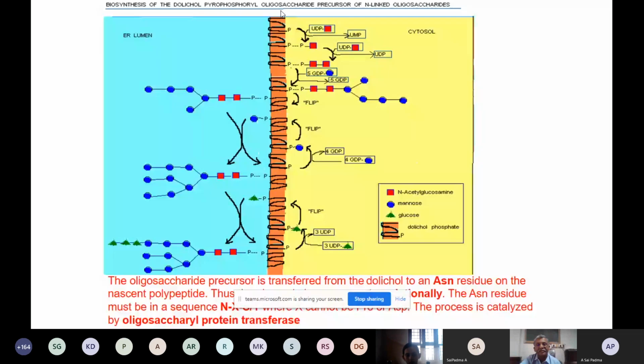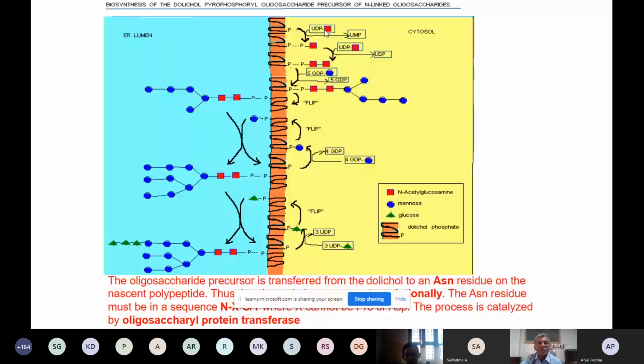Now, this is the ER membrane, and each curved unit is a dolichol unit, about 19 to 20 isoprenoid units, with a phosphate group, dolichol phosphate. This dolichol phosphate adds on N-acetyl glucosamine from UDP N-acetyl glucosamine and generates a phosphate and N-acetyl glucosamine, thus forming dolichol pyrophosphate attached with N-acetyl glucosamine.